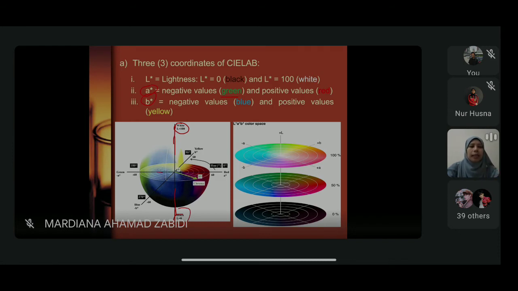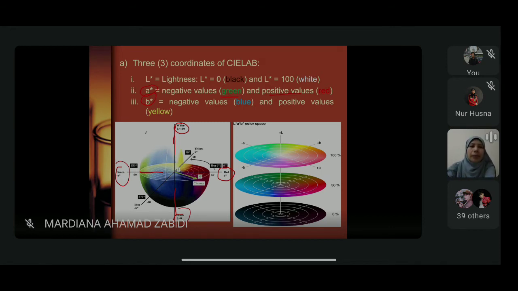This one, the negative area, the region is green. And then if let's say you measure your product and you get positive A, meaning that it goes to the red region. Okay, so for example, positive 30, positive 40, positive 35. That means your product is moving towards the red region.